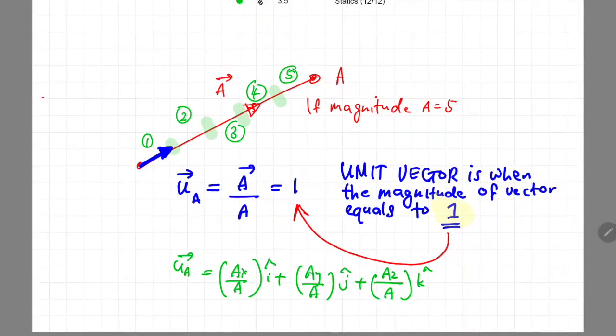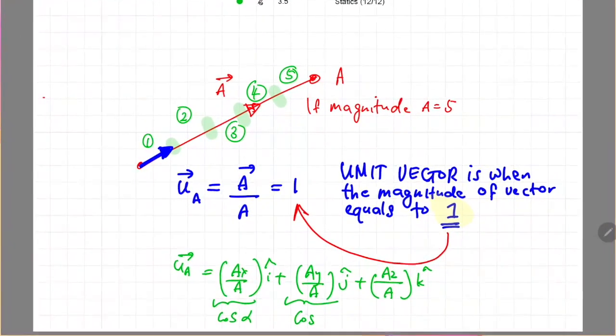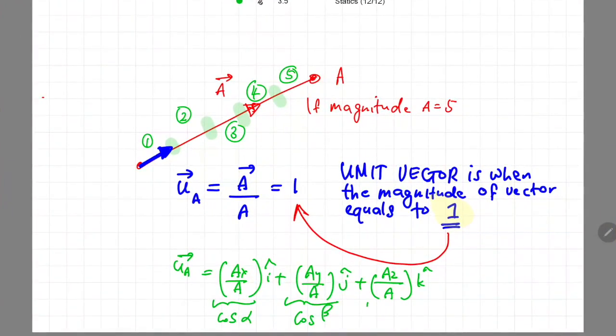The magnitude of the component in the I direction, or X direction, equals cos alpha, while the component along the J direction equals cos beta, and accordingly the component along the Z direction is equivalent to cos gamma. So you can use this relationship to determine the direction of the unit vector.